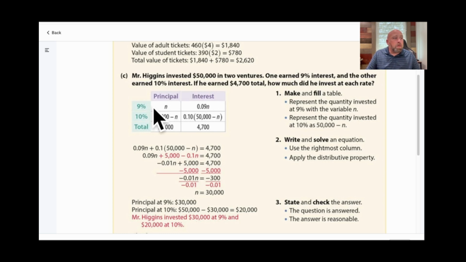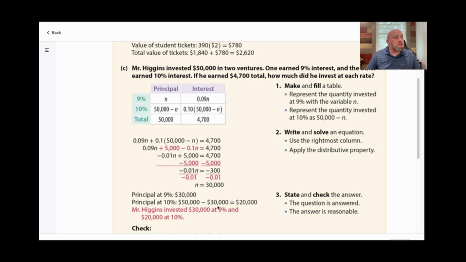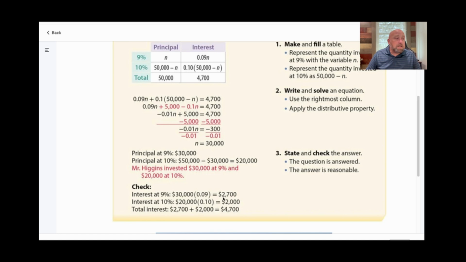And then we multiplied that times the 0.9, plug that in, do what we do there, just like we did in the first one where we multiplied it to get rid of the decimal, and then move your stuff over to the other side, divide by 0.01, all the things there that you can see, and we end up with our 9%. We invested $30,000 into that one. And so then that would mean that our 10%, we invested $20,000 into that one.